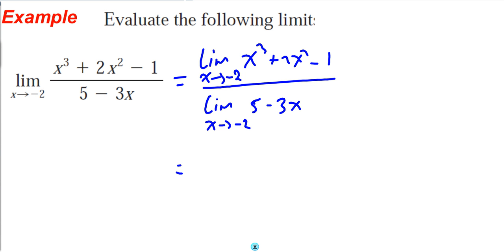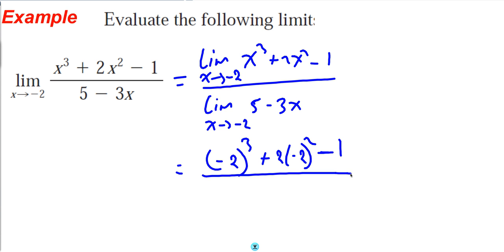For the numerator, we simply substitute negative 2, so it will be negative 2 cubed plus 2 times negative 2 squared minus 1, divided by, since the denominator is also a polynomial, 5 minus 3 times negative 2.